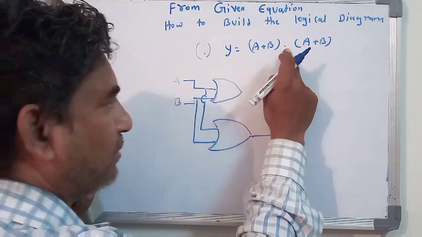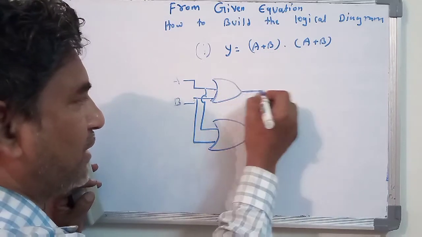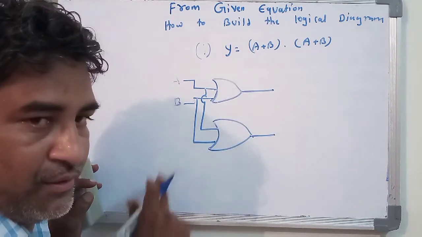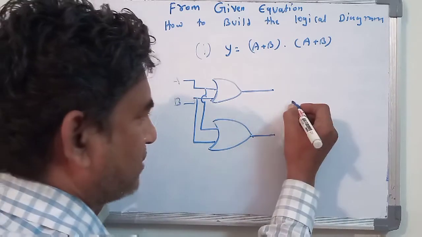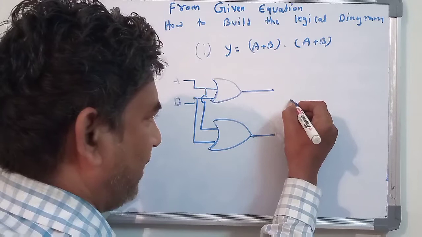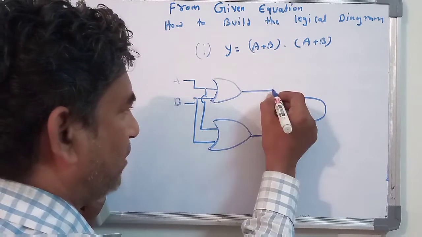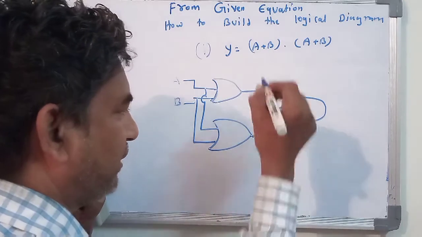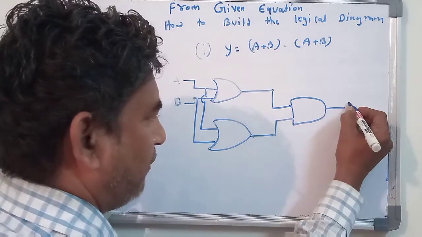Now comes this dot. For this dot, which is the gate? It is an AND gate, because it is used for multiplication, and that is why we have drawn this AND gate like this. The output of the OR gates is connected to the inputs of the AND gate, and here the output will be obtained.